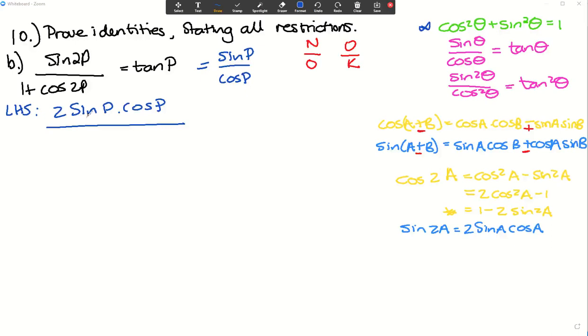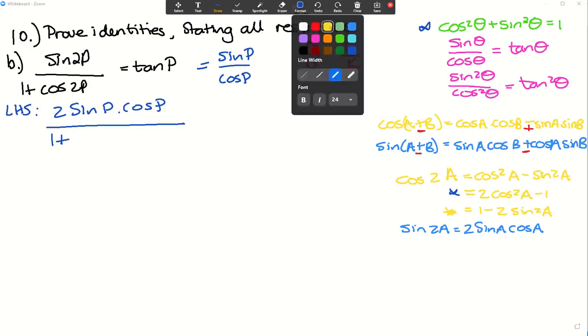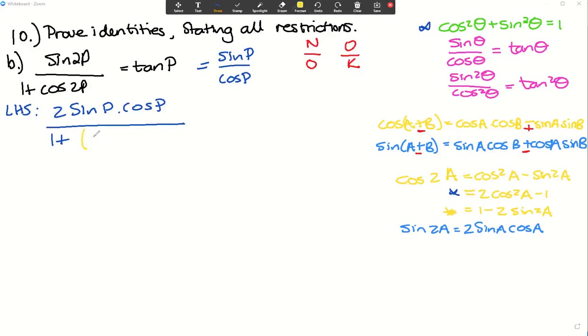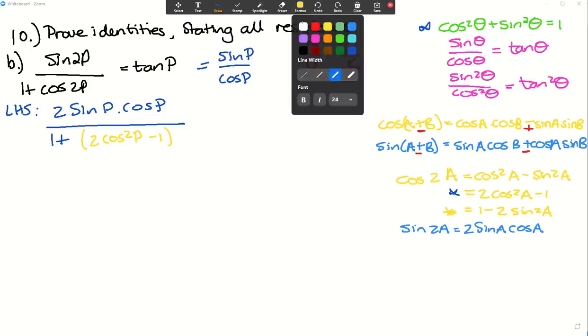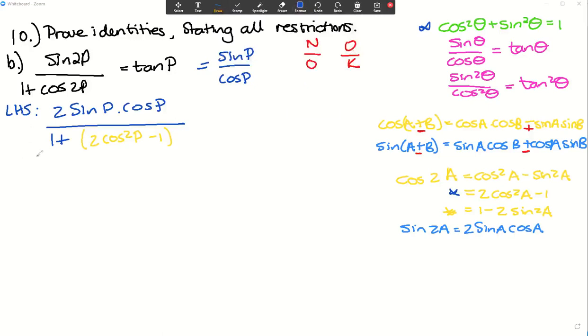So I need to not cancel out the sine. So let's try and keep everything at the bottom, possibly a cos. And the only way I can do that is by using the double angle that's related to that guy over there. So we end up going 1 plus, and let's keep that color the same then, we open that up to 2 cos squared p minus 1. And there we end up having our identity being swapped out.